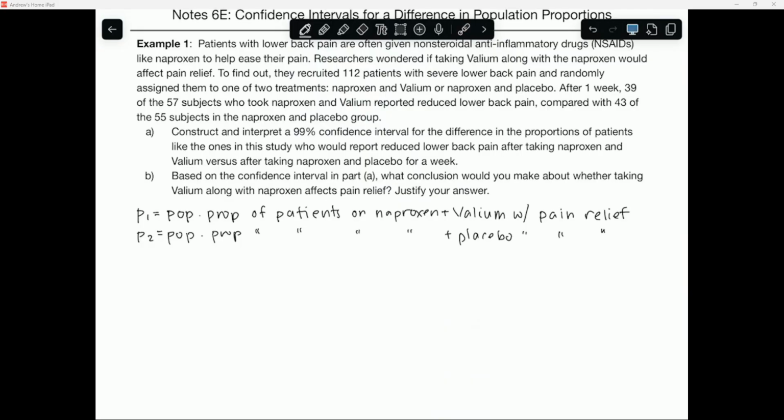And you will notice I am using quotes because a lot of that is similar. We're really only changing Valium versus placebo.